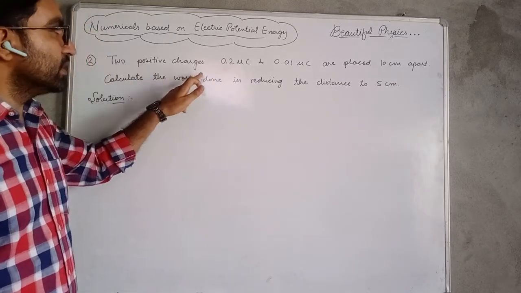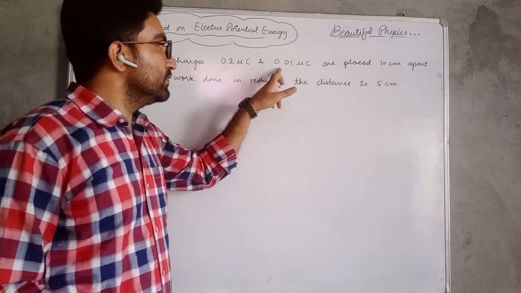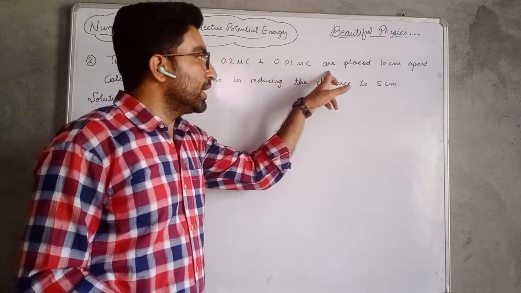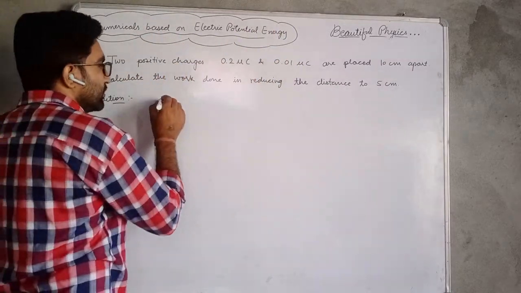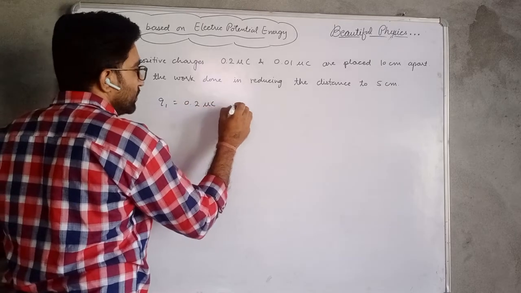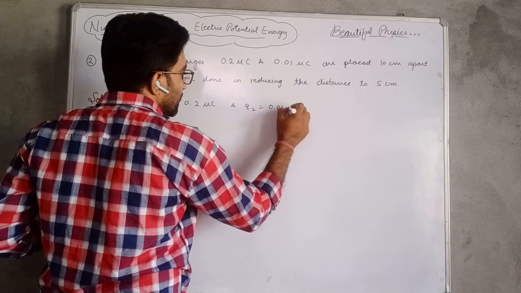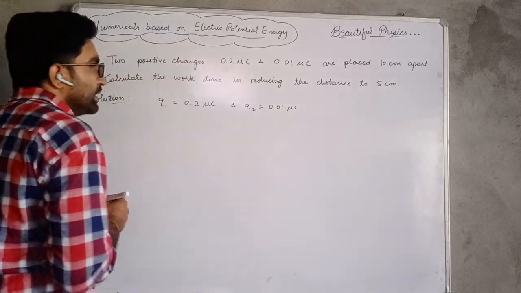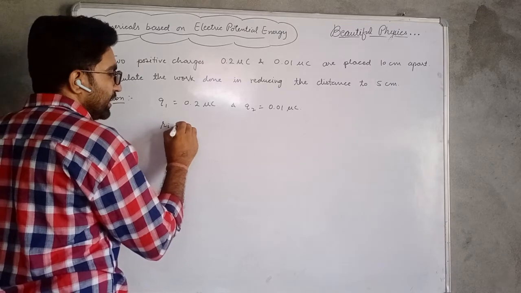We have two positive charges, one of 0.2 microcoulomb and another of 0.01 microcoulomb, placed 10 centimeter apart. Here the charges are q1 equal to 0.2 microcoulomb and q2 equal to 0.01 microcoulomb, and the initial separation between them I am writing as Ri.